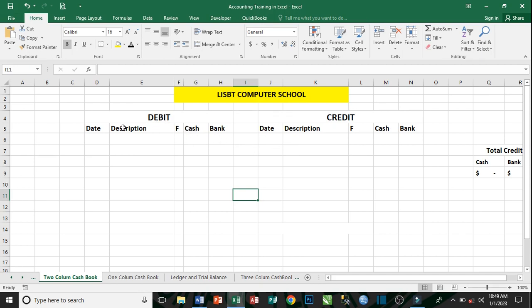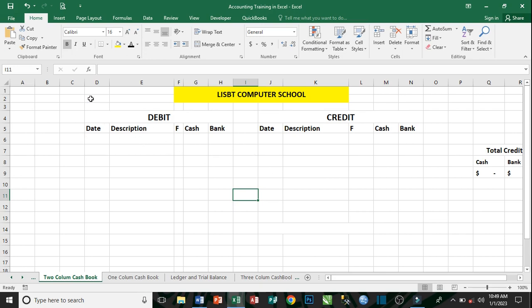That means it is coming in, so we record it on the debit side of the account. And cash at the bank, $4,000. All this money will be coming in to the debit side. If the money is going out or it is an expense, it goes to the credit side. Are we getting me? Thank you very much.